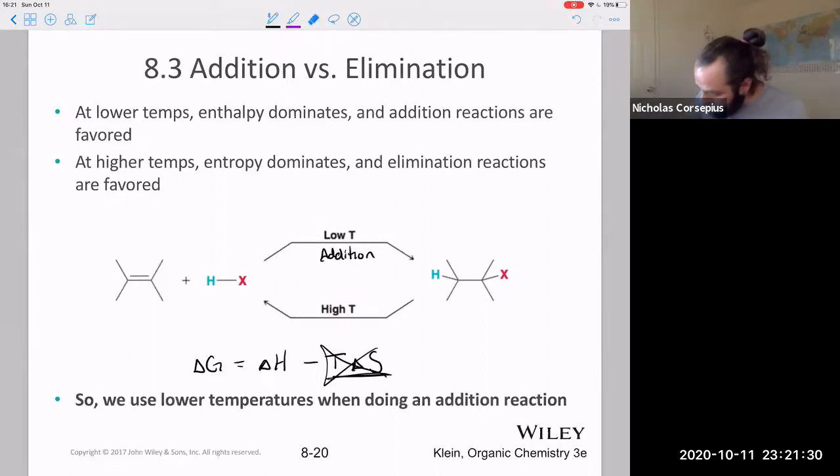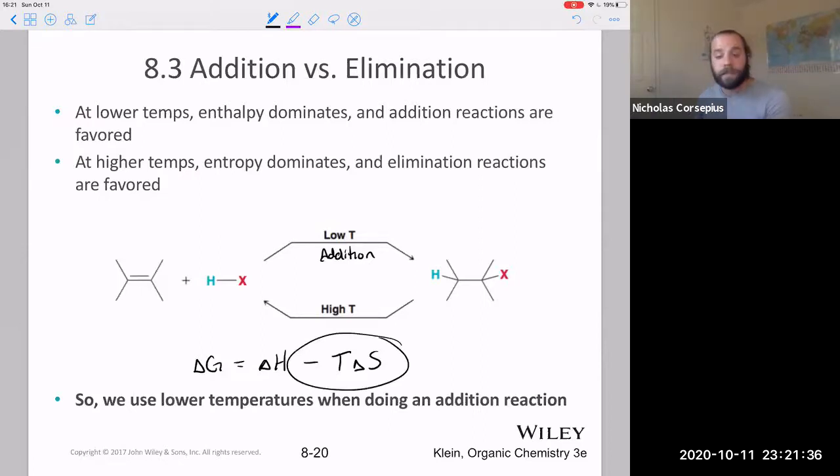If we go to high temperatures, that means that this term right here is that much more important. And so at high temperatures, we would favor the elimination reaction. Okay, so these are inverse of one another, but we will make sure when we're talking about addition reactions that our temperatures are on the lower end compared to what they would be for elimination reactions.